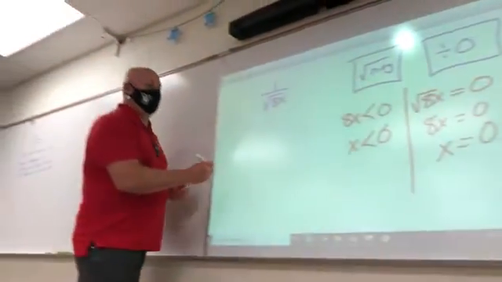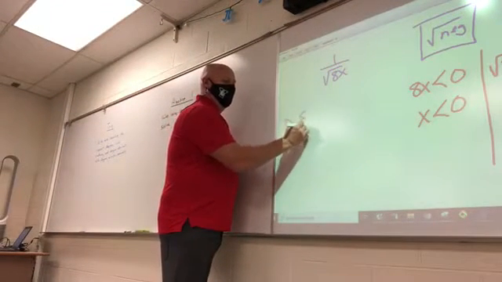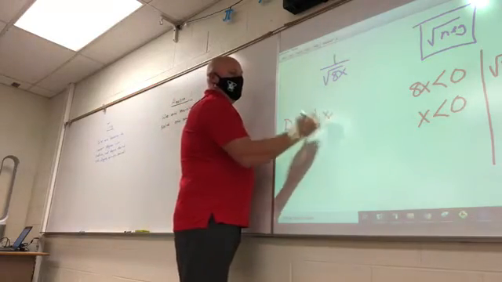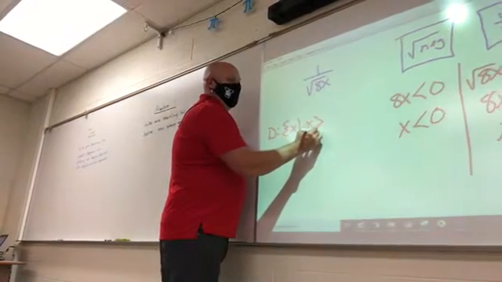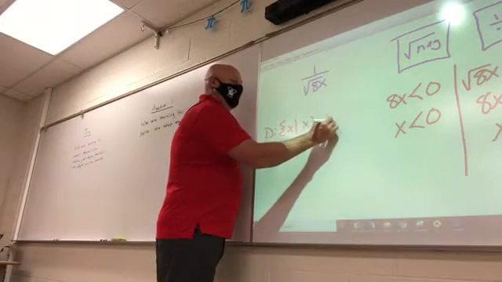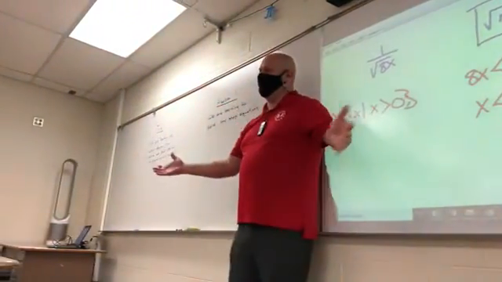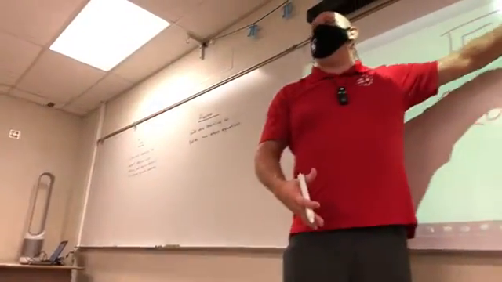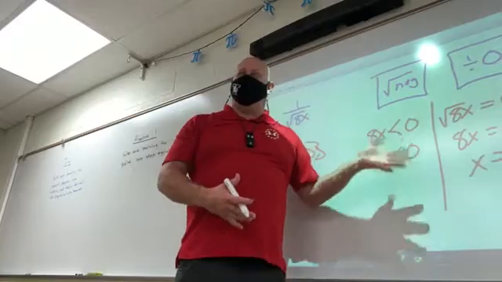So what's my domain then? Where does x have to be? X such that it can't be less than 0. So it has to be, can it be equal to? No. So x has to be greater than 0. Yes? So remember, look for what would be the error, what would be the thing that causes the problem, and then work to avoid that problem.